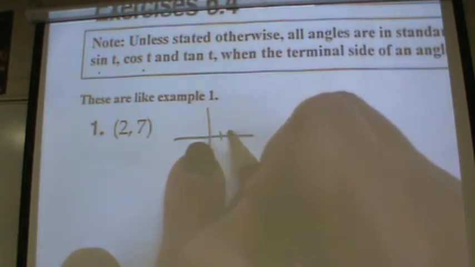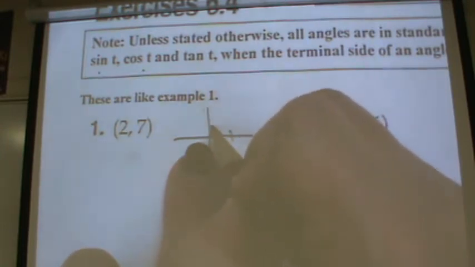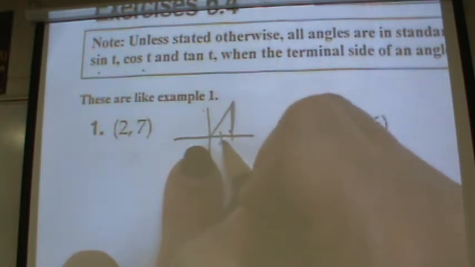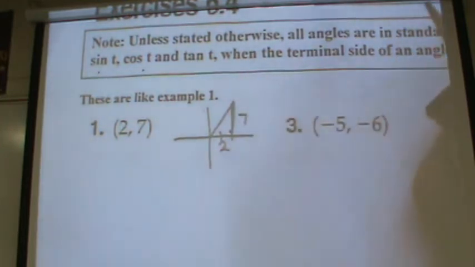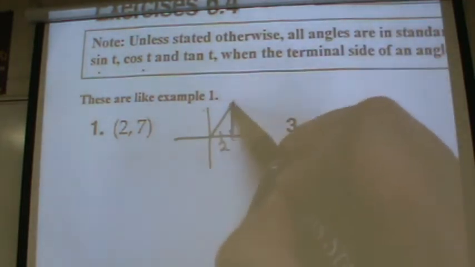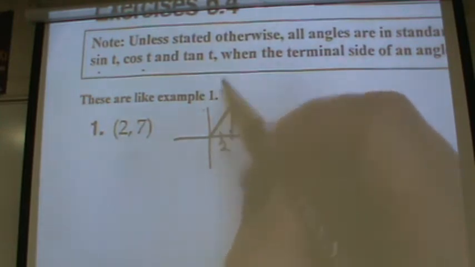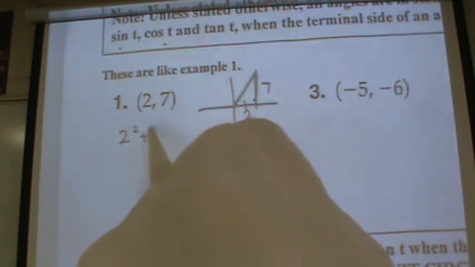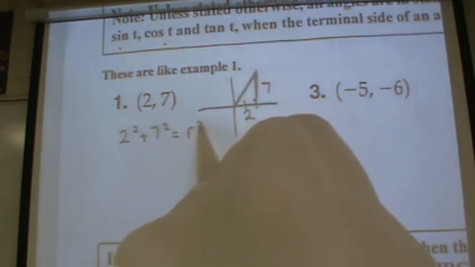Where is (2, 7)? (2, 7) is, let's say, here. So this is 2 and this is 7. What are you missing here? What's this? How do you find this? The Pythagorean theorem. You're going to do 2 squared plus 7 squared is your r squared.